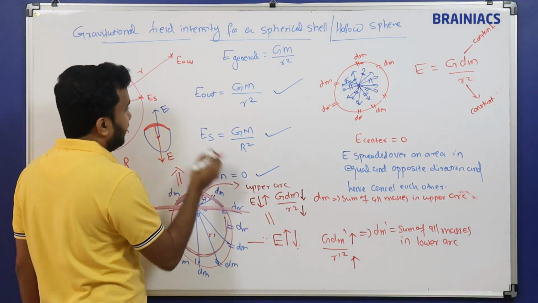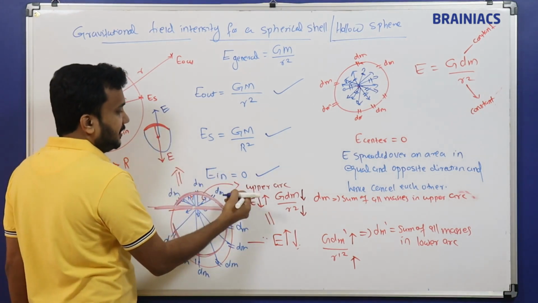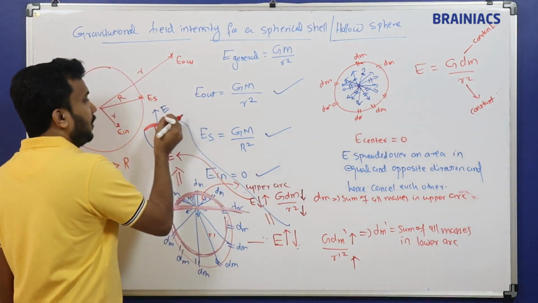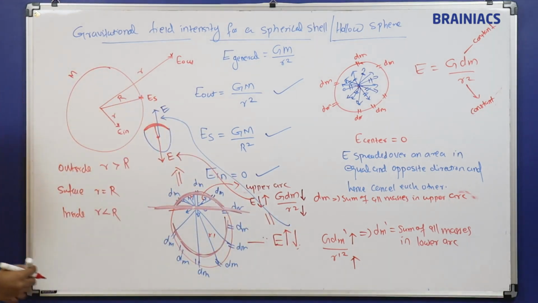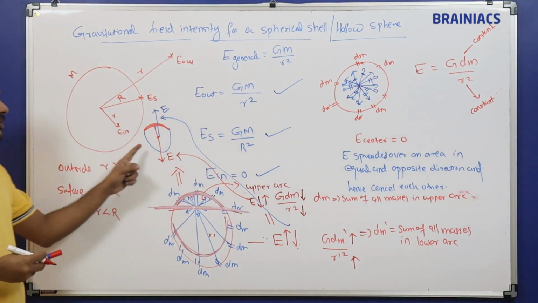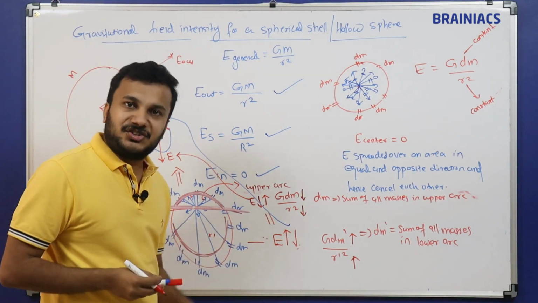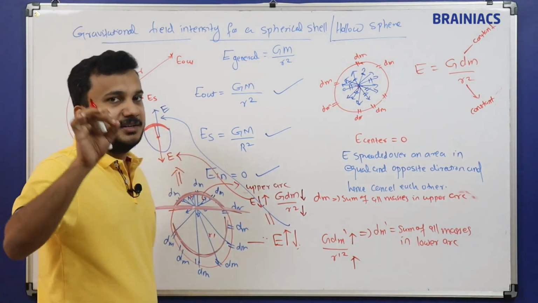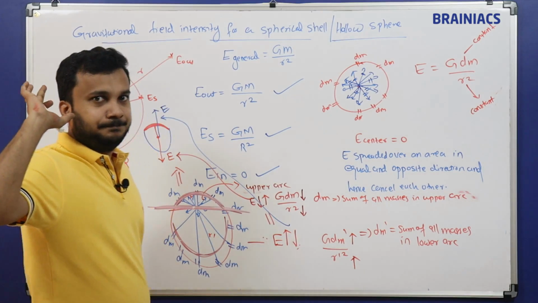This is like the upper arc, corresponding to the red one, and this is the lower arc. Lower arc will give rise to a gravitational field intensity like this. Both will cancel each other. That's what we are saying, gravitational field intensity inside is equal to 0.